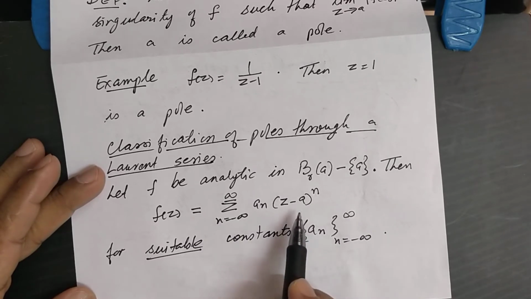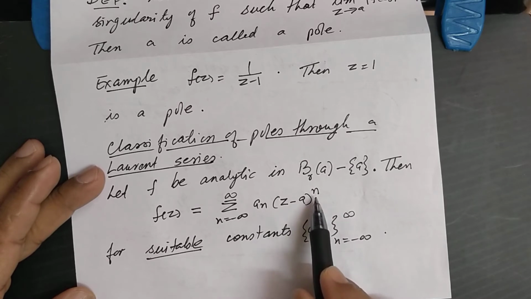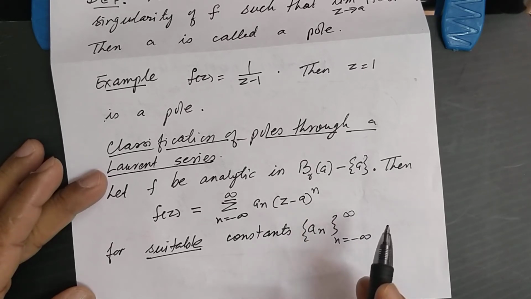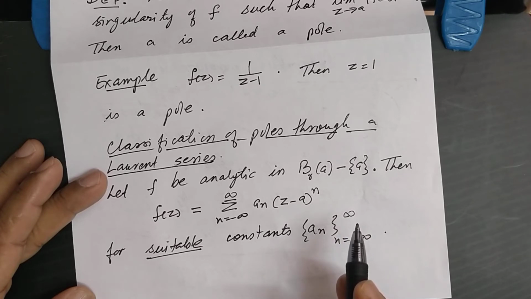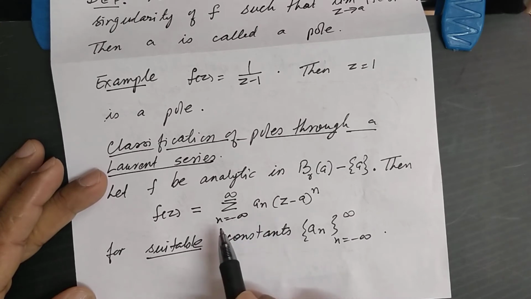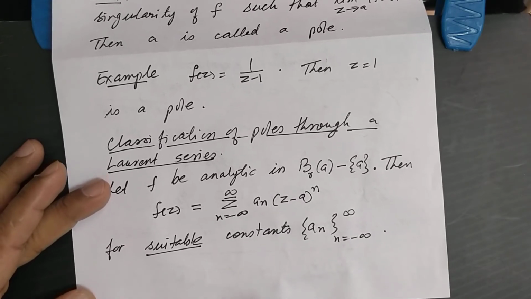So if z equal to a is a pole, then what happens is the terms which correspond to the negative powers of z minus a get restricted. So if you are looking at a minus 1, a minus 2, a minus 3 and so on, it doesn't go on and on. It stops somewhere. That is how the poles get classified.